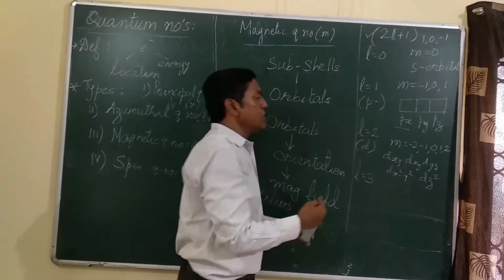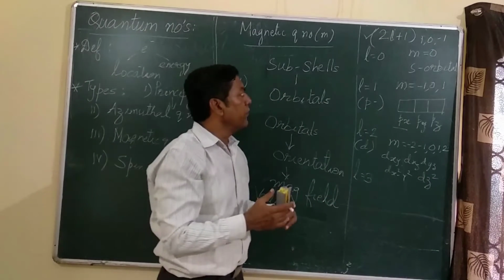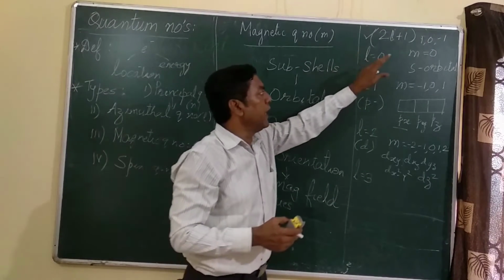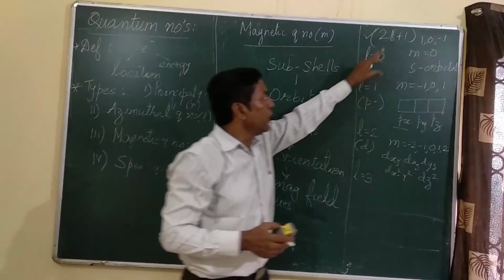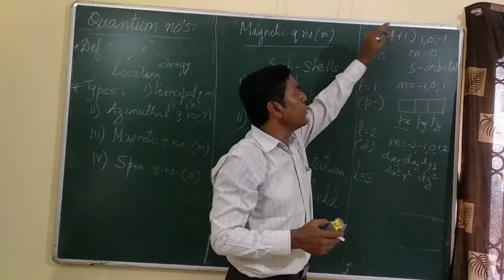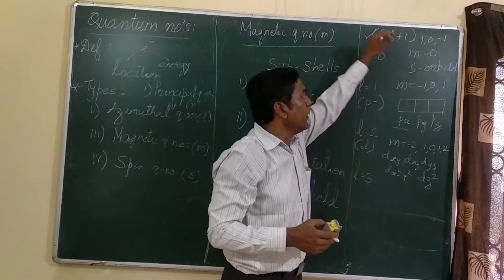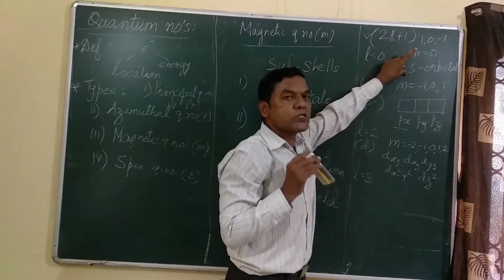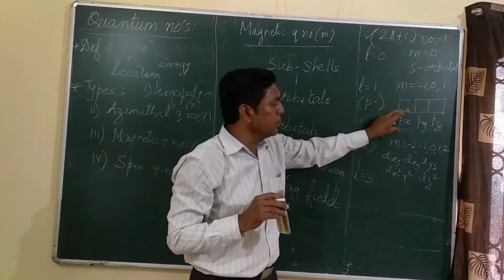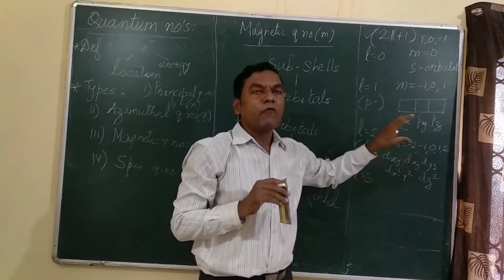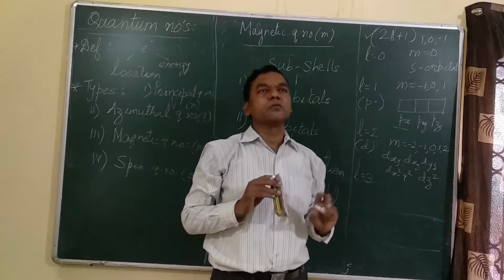So depending upon the values of L, we have seen that these represent the different subshells, and the values of M represent the orbitals. The S orbital has only one possible orientation, the P orbital has 3 possible orientations, the D orbital has 5 possible orientations, and so on.